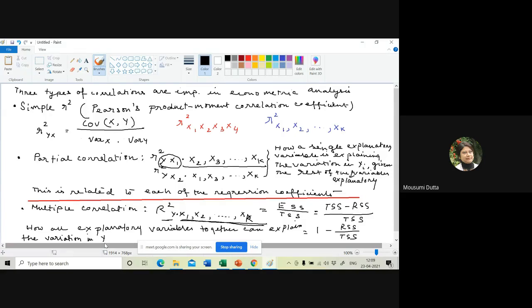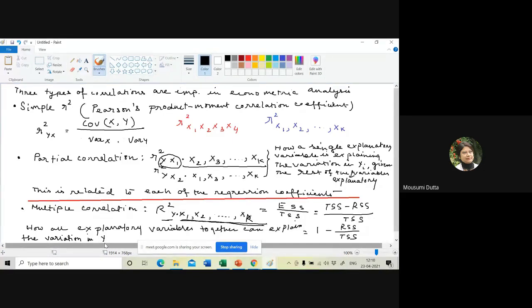So if this is the definition of multiple R square, as I discussed in the last class, as we increase the number of explanatory variables in the model, the explanatory capacity of the model will increase, and that will in turn increase ESS, and so ESS by TSS.